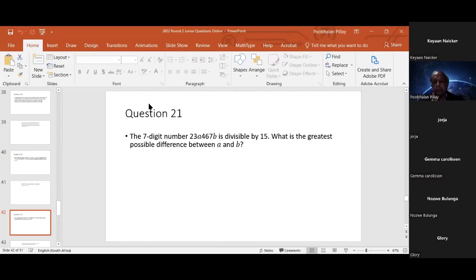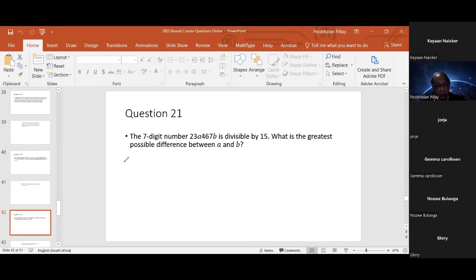Question 21, it says here that you got a 7-digit number. It's given there, a 7-digit number, 23A467B. It's divisible by 15. What does it mean? If it's divisible by 15, that means it's divisible by 5 as well as 3.